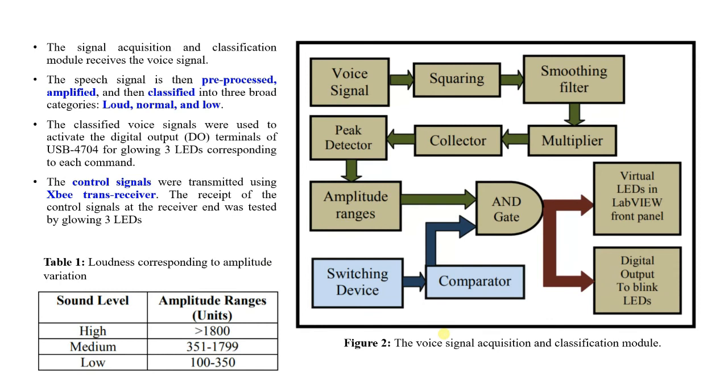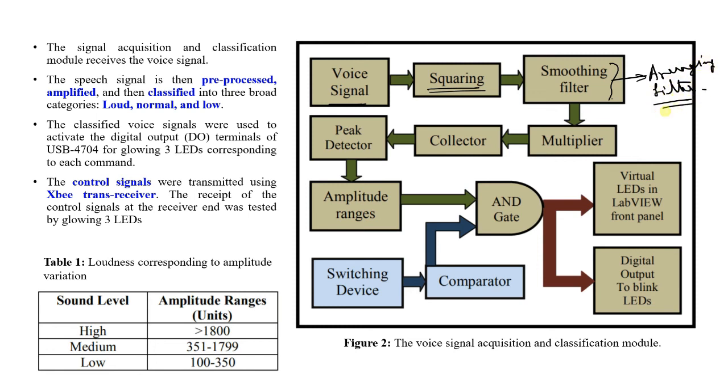So, how does this system work? You have a voice signal. It has been acquired through the microphone. Then, squaring of the voice signal was done. Then, a filter which is regarded as a smoothing filter, which is basically an averaging filter, was used.